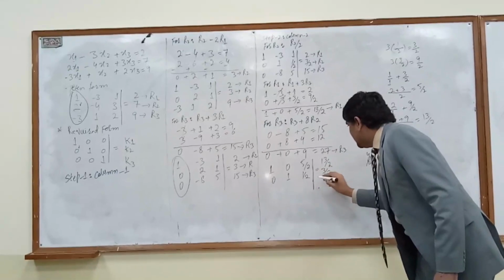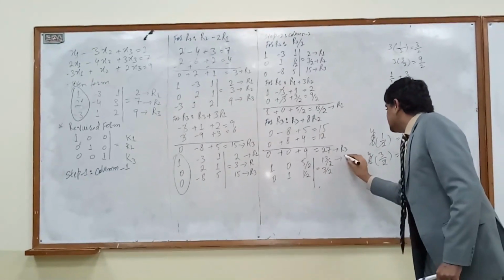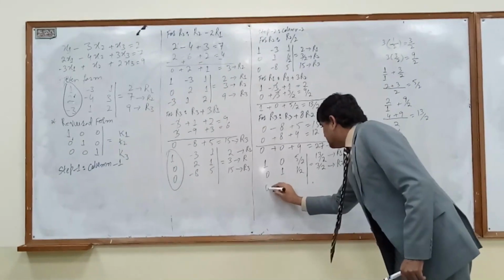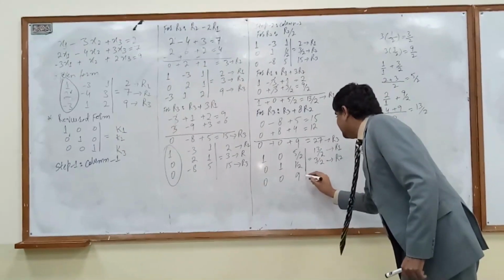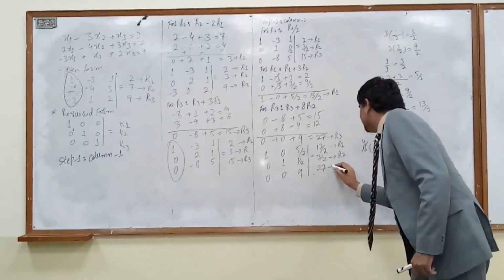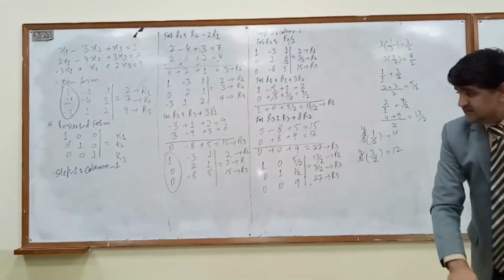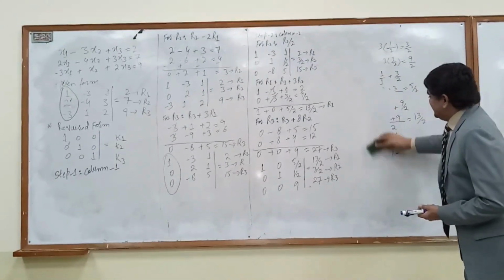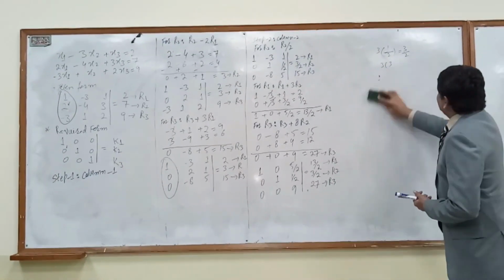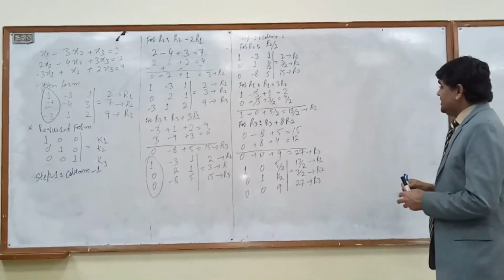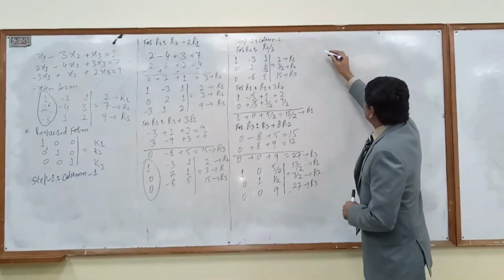After that, what is new R3? 0, 0, 9, 27. It's R3. Clear, students? Yes. Step 2 is we have obtained the required form. So now we'll be going for step 3.